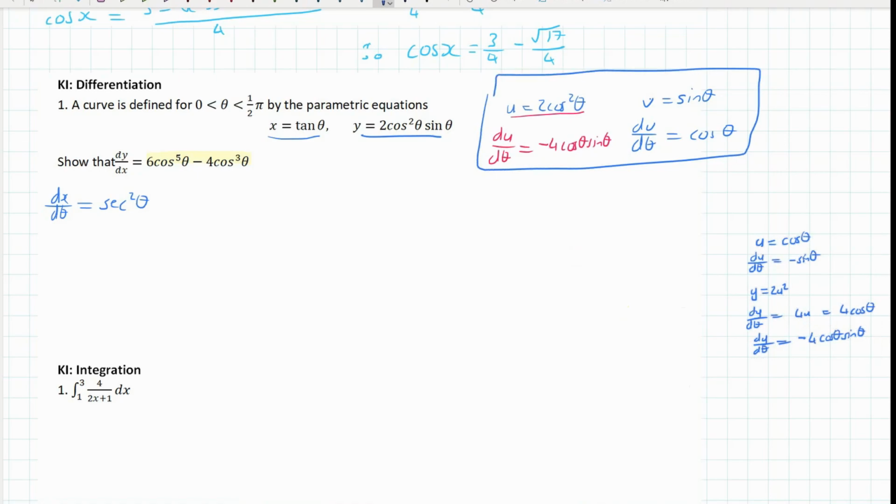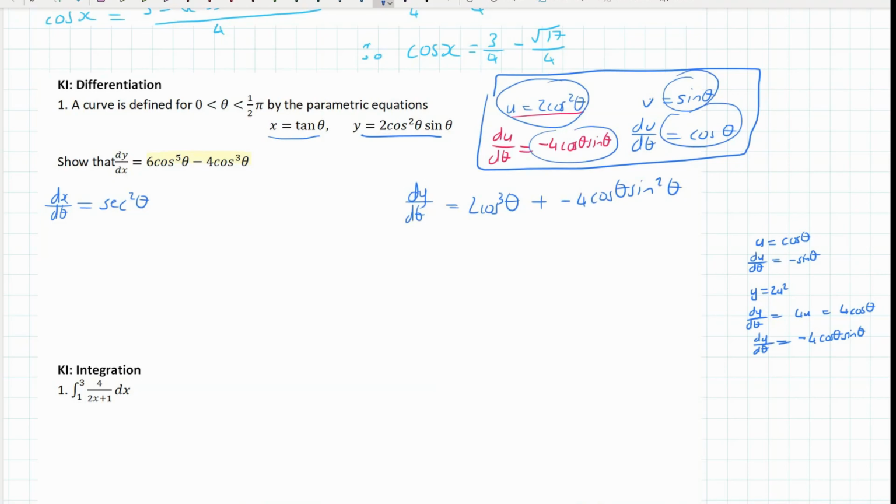So dy d theta is going to be equal to u times dv d theta, so that's this one times this one, which is 2 cosine cubed theta, plus v, this one, times this one, which is minus 4 cosine theta sine squared theta.